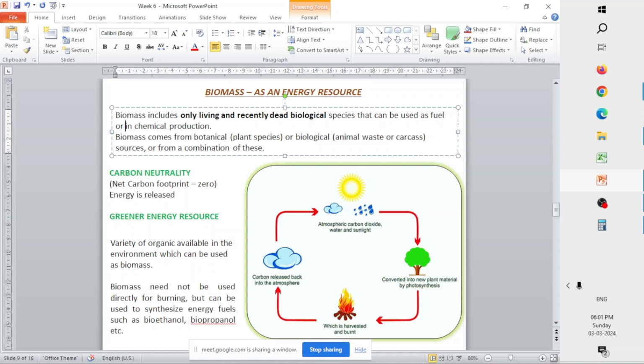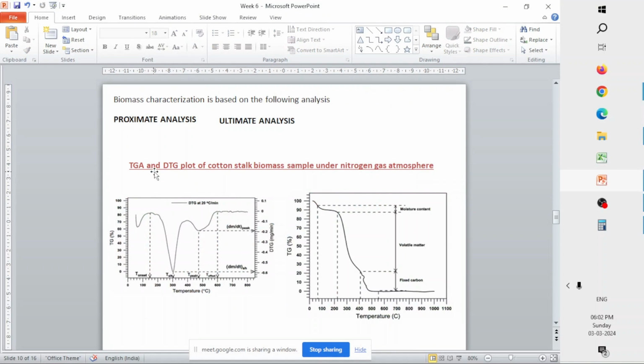It can be used as a fuel or in chemical productions like bioethanol and biobutanol, for a variety of applications, and bio oil, which you can use for your automobile or other industry areas where oil is required in huge quantities. And it comes from botanical and plant waste or a combination of these two.